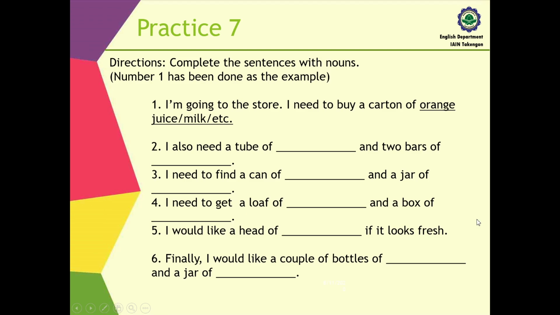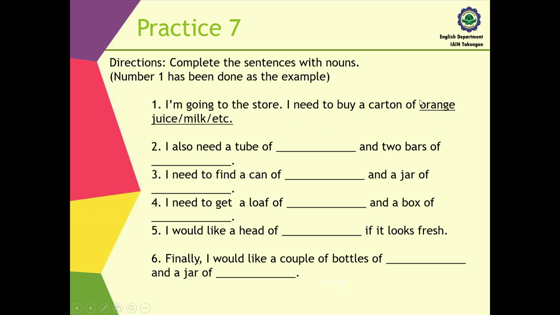So again, we have to do the practice. This is practice 7. Complete the sentences with nouns. For example, I'm going to the store. I need to buy a carton of blank. We have to determine what kind of nouns we want to measure here.